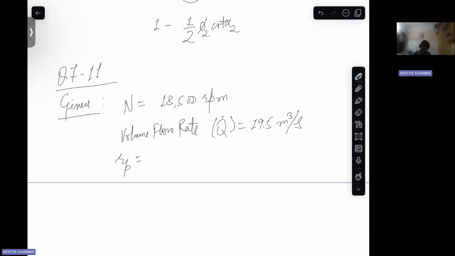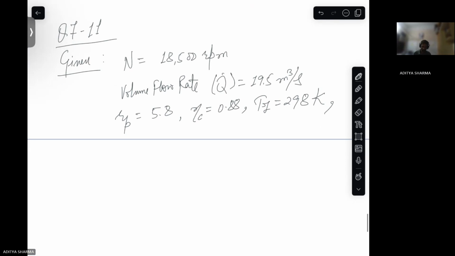Then pressure ratio is 5.8. Then isentropic efficiency of compressor is 0.88. Then initial temperature is 298 Kelvin. Initial pressure is 1 bar. Then axial velocity is 88 meter per second.